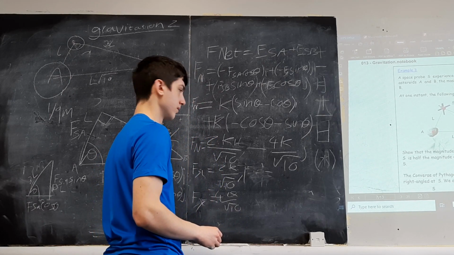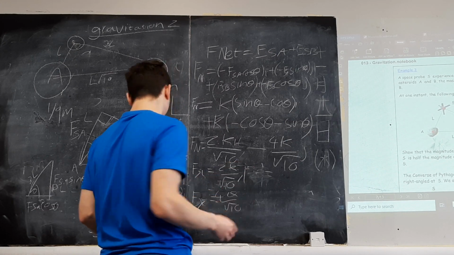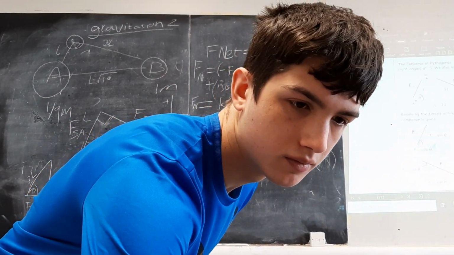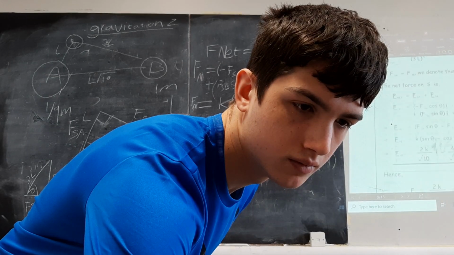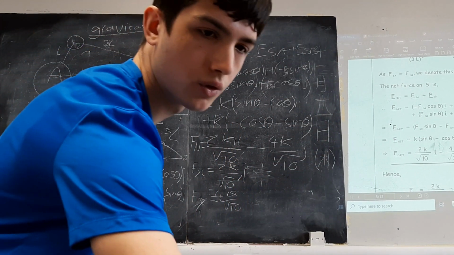Does Fx not turn to 2k over 5 because magnitude is squared? No. No, I haven't gone down far enough.